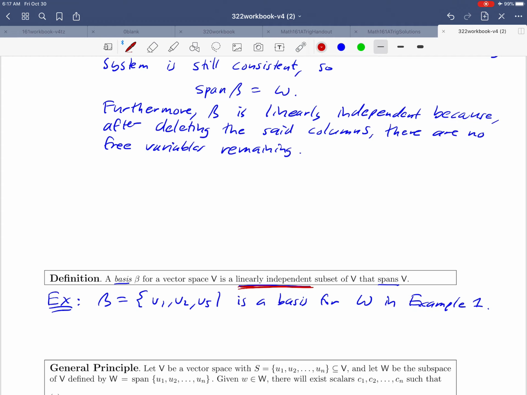In contrast, a set of vectors spanning a vector space is about the set being big enough. It's got enough vectors in it so that we can build every vector in our vector space. So being a basis is like being big enough and small enough at the same time. In some sense, the number of vectors in a basis is just right to get both of those properties at once.